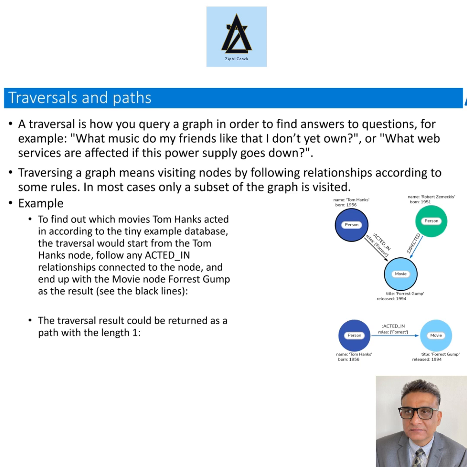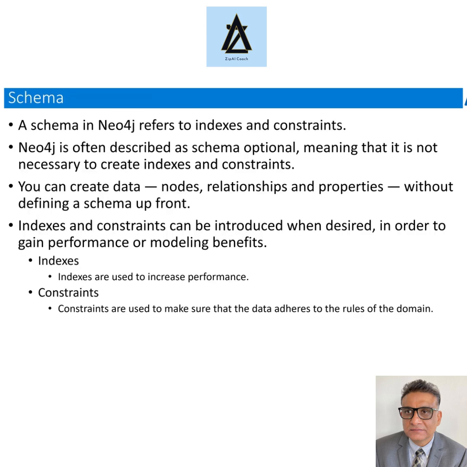That is how the traversal happens, and it is very similar to a join. When you perform a join in a SQL query, you have one table, another table, and you perform the join through some referential integrity. Very similar, so there's nothing new.